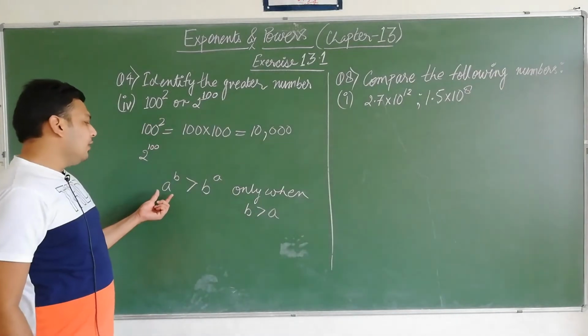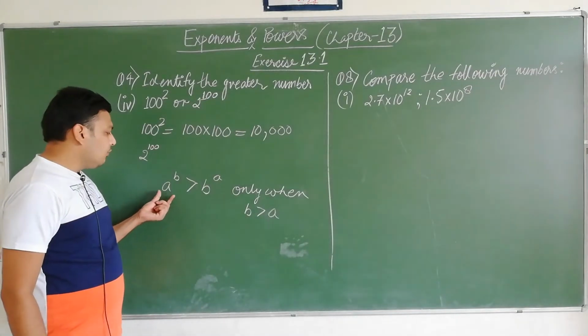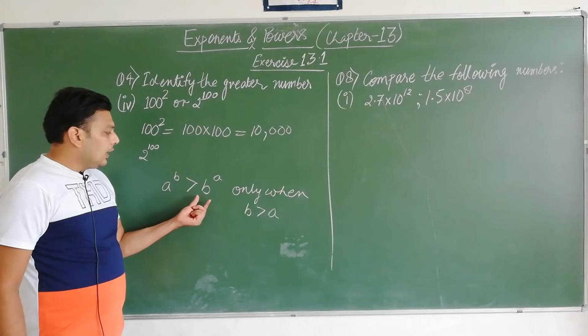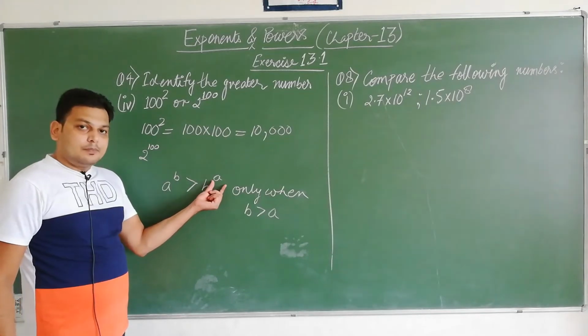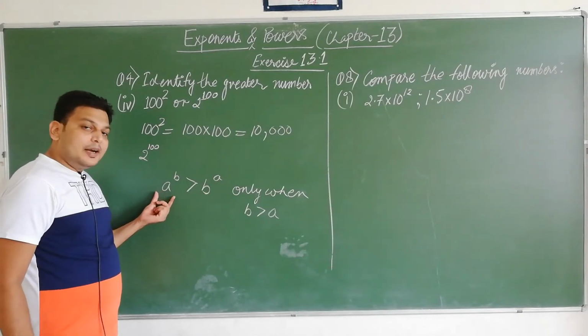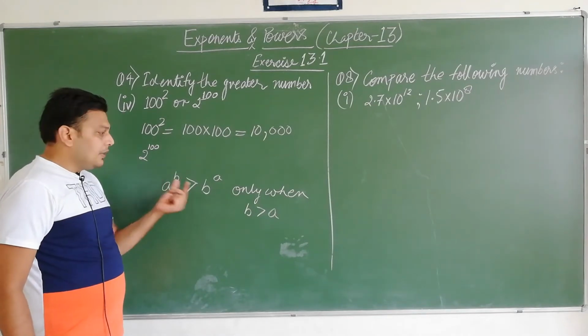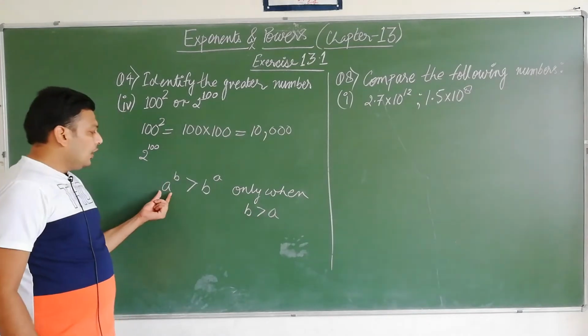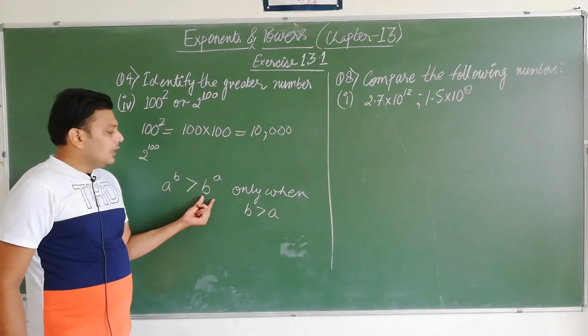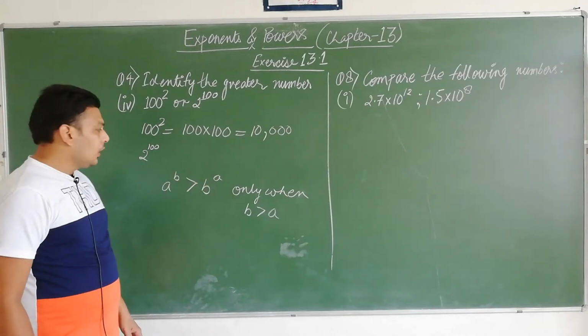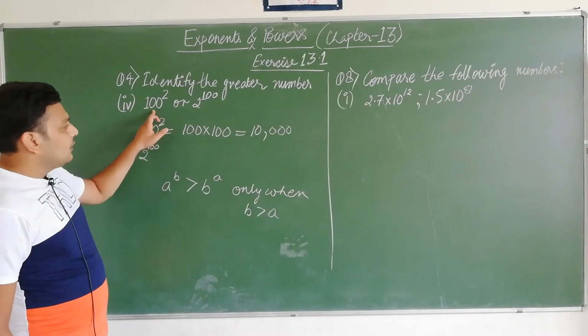Means if we have to compare two numbers of the form a to the power b and b to the power a, which number would be greater? The number having the highest power. Means b is greater than a, so a to the power b will be greater than b to the power a.